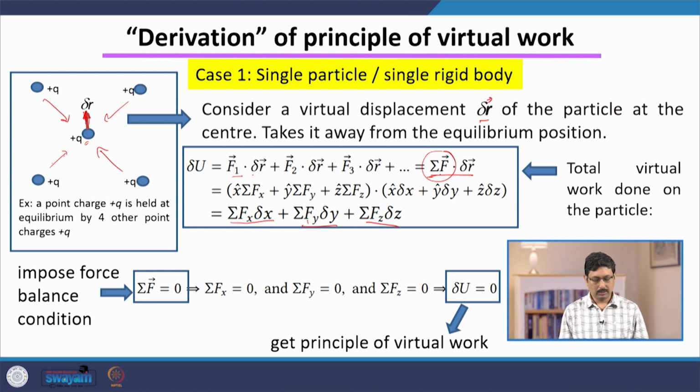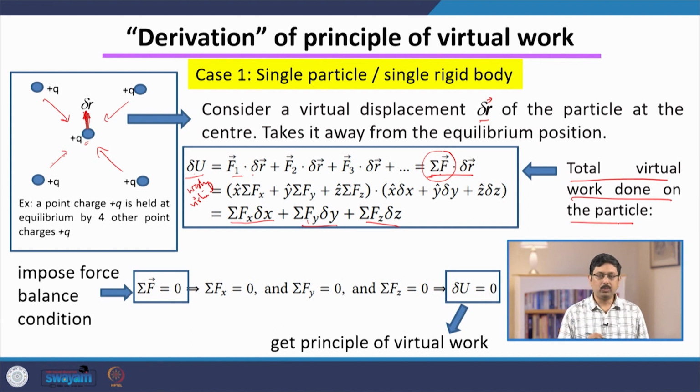So this is the relation for the work, or virtual work, written in terms of the total force. Now we have an expression for the total virtual work done on the particle.